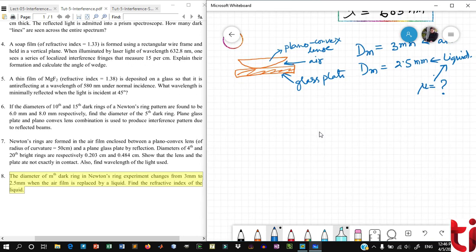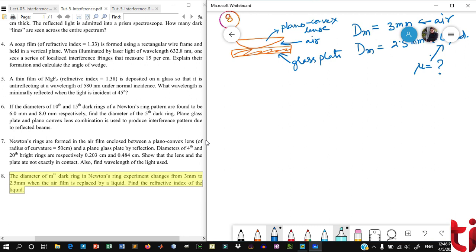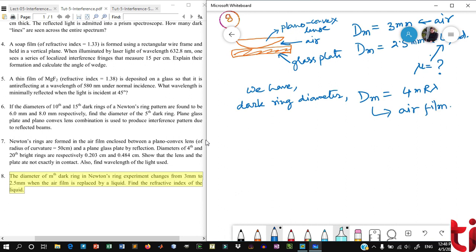To do this, use just one simple formula. We have dark ring diameter is given by this when the film is of air. This is for air film. But for any other liquid, the formula is this with liquid, where this mu is the refractive index of this liquid.